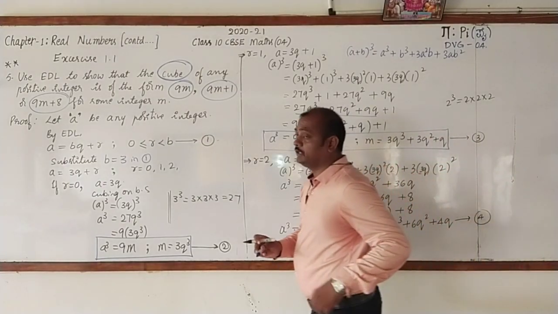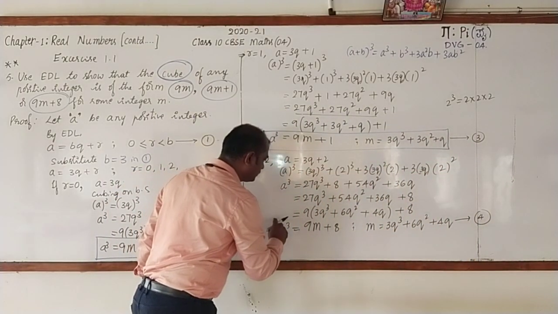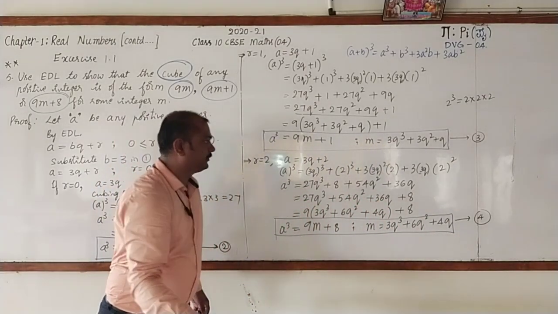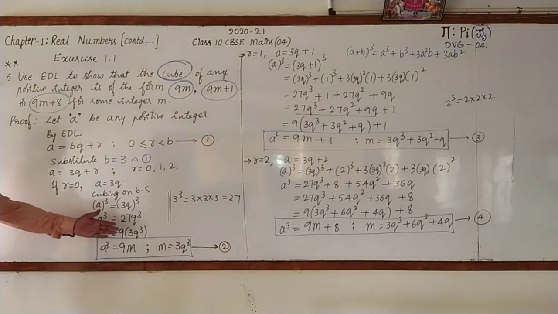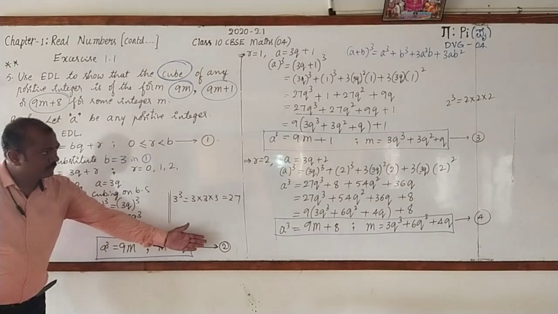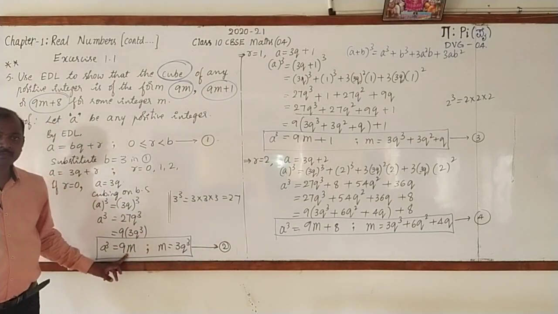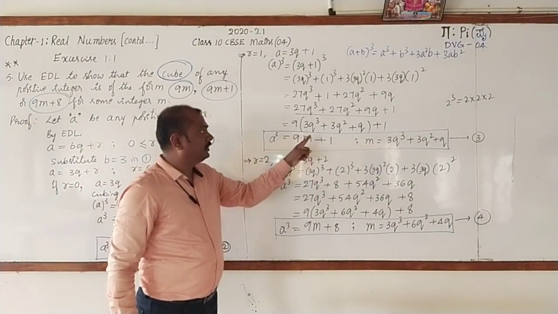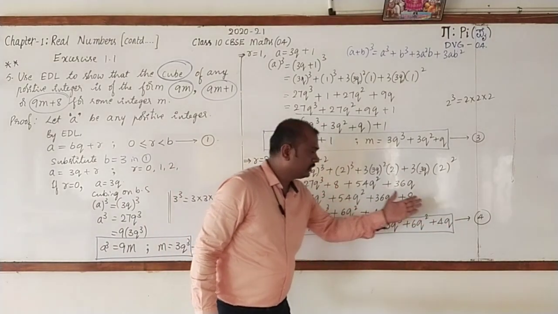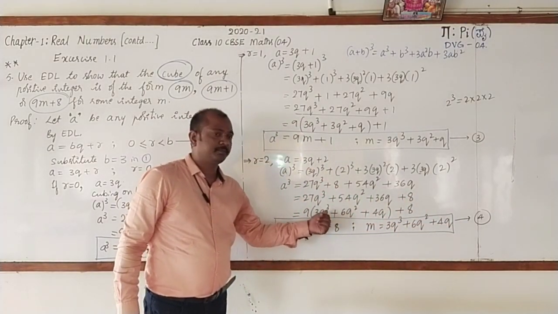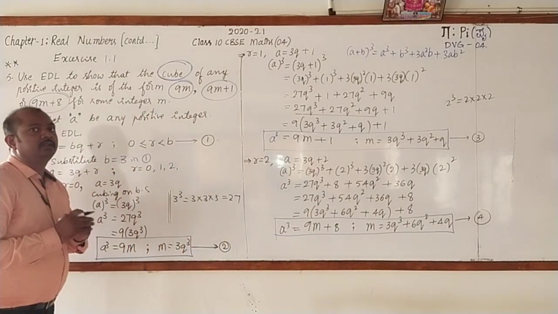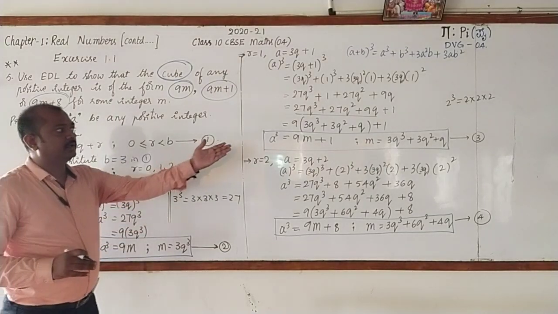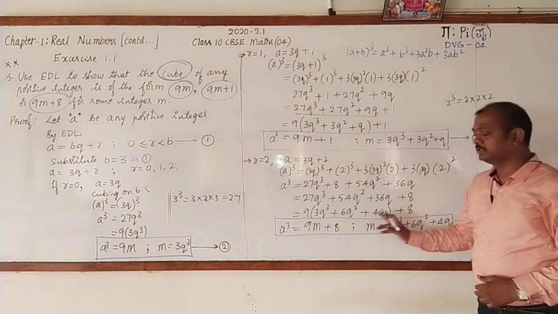Again I am going to highlight that with a blue color marker. Now observe the statements I have written in the box here. Statement 2 in which form? Yes, 9m. Statement 3 in which form? 9m plus 1. Statement 4, it is in the form 9m plus 8. Then can we write the cube of any positive integer is of the form 9m or 9m plus 1 or 9m plus 8?